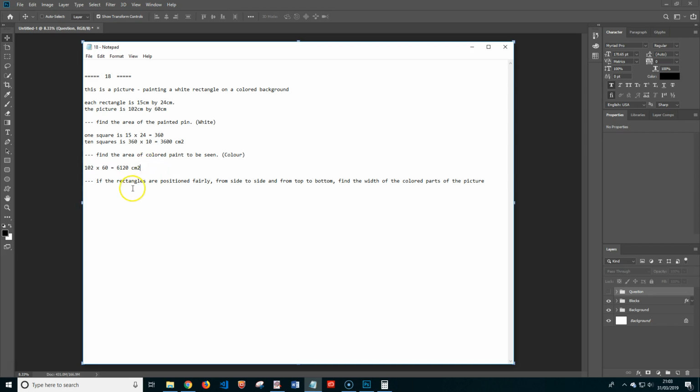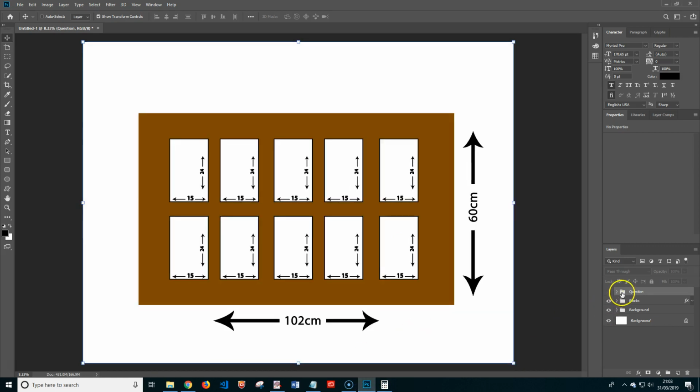So now what we need to do, if the rectangles are positioned fairly from side to side and from top to bottom, is find the width of the coloured parts of the picture. So what we're going to do now is move all of the squares up to the top corner and to the bottom corner.